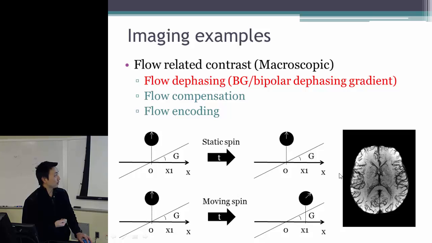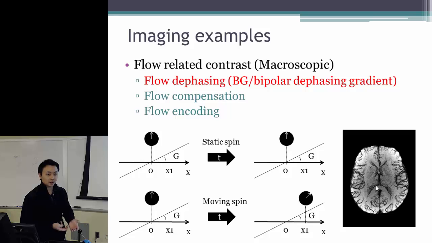Here is one of the flow dephasing images. It's one of the black blood images, and it uses a very low Venc value. With a very low Venc value, most of the vessels will have a significant phase aliasing and dephasing effect.